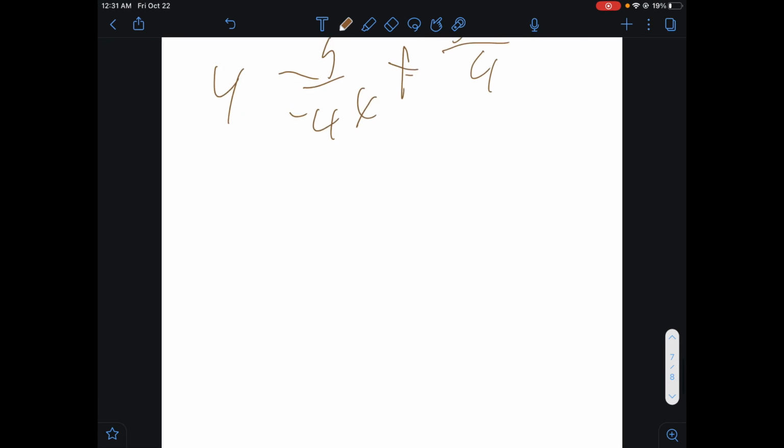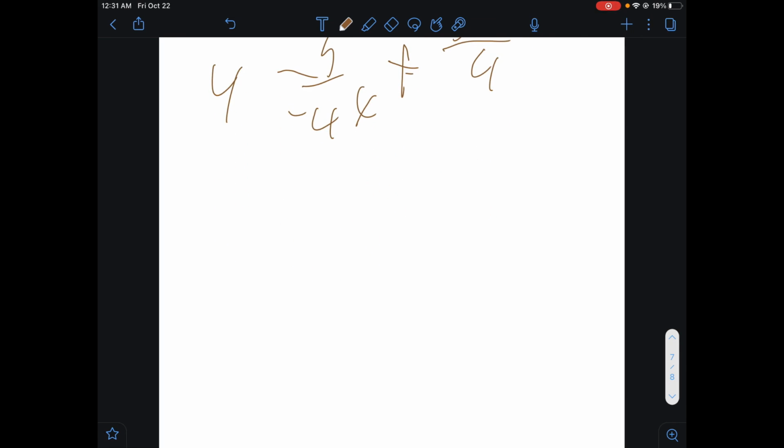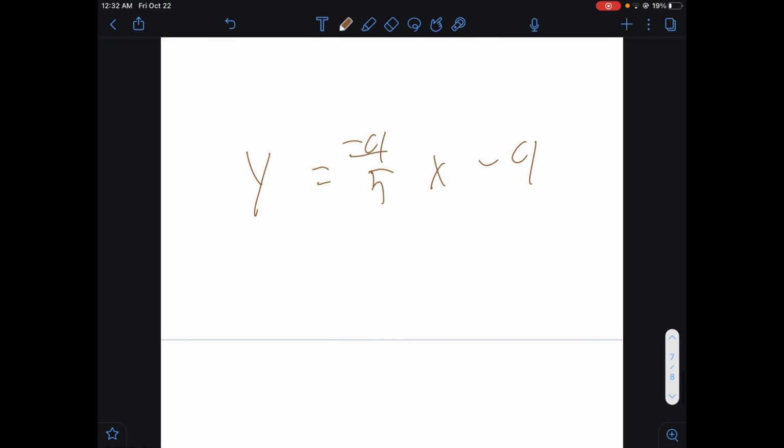So as you can see with the original equation, y equals negative 4 minus 5 x, now we have a completely different equation that goes perpendicular to the lines you saw.